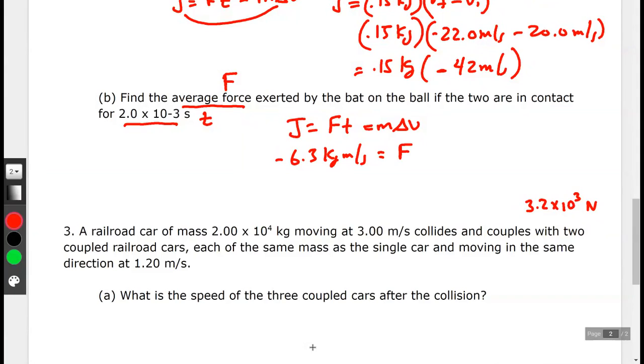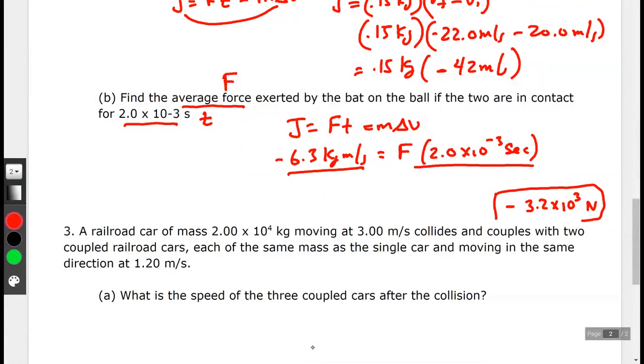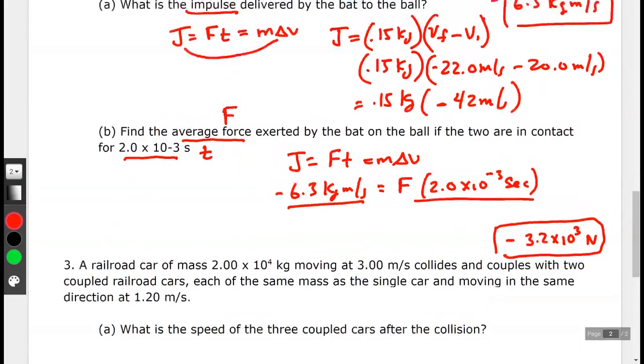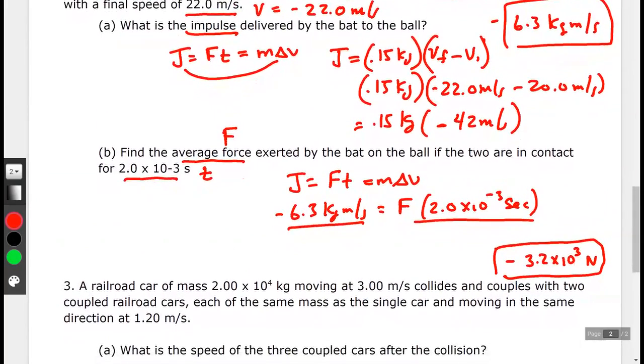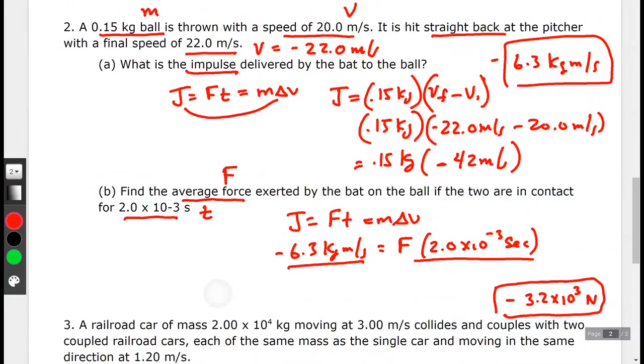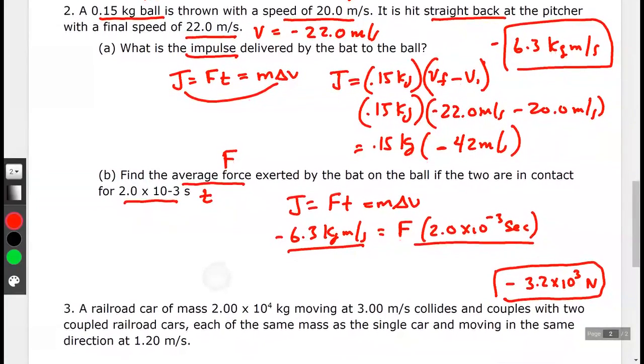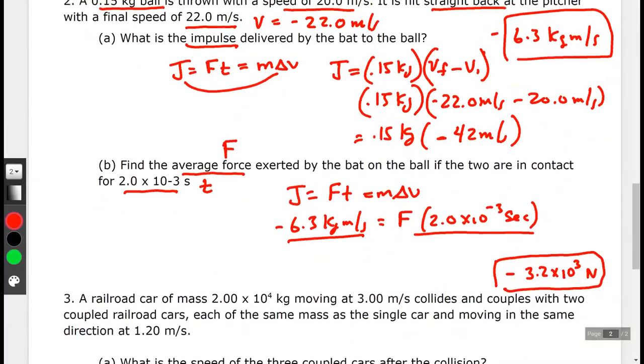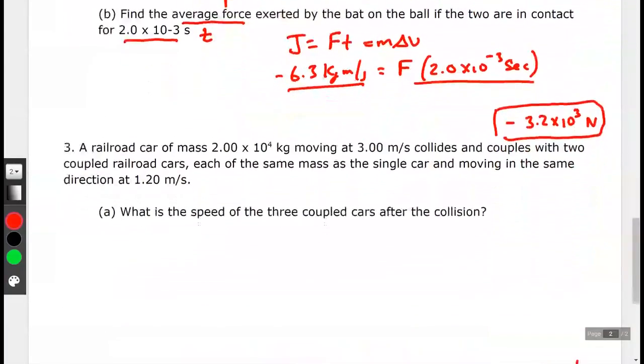We need an F. We're given a T of 2.0 times 10 to the negative 3 seconds. Divide both sides by the time, and you get this negative force. You expect a negative force, right? If you call the 20 positive, it's going to be sent in the opposite direction, so by a negative force.